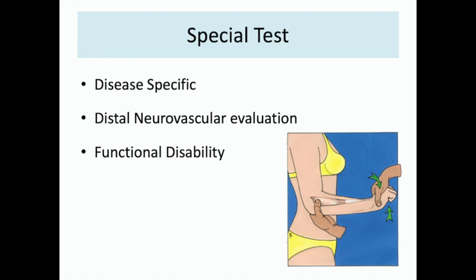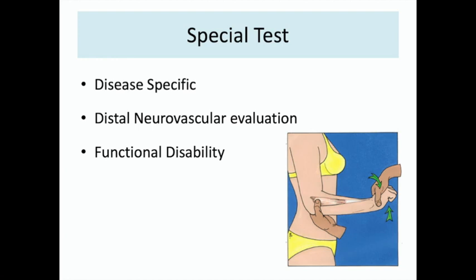You always need to evaluate the distal neurovascular status whenever you're doing any joint. Please palpate the pulse, do a quick check for all the nerves, specifically palpate the ulnar nerve in an elbow case. If you get a neglected lateral condyle fracture, which is there for many years, the ulnar nerve could be thickened and you should be able to pick it up, compare it with the opposite side.